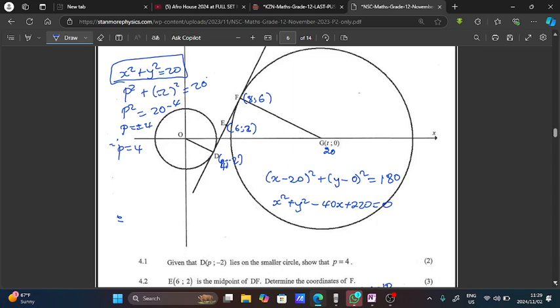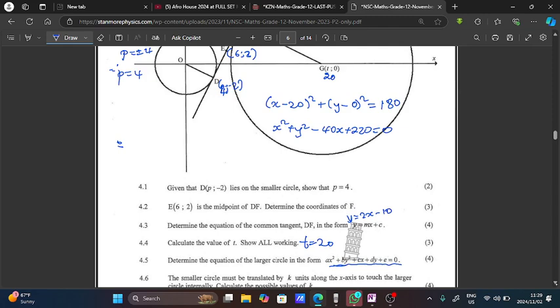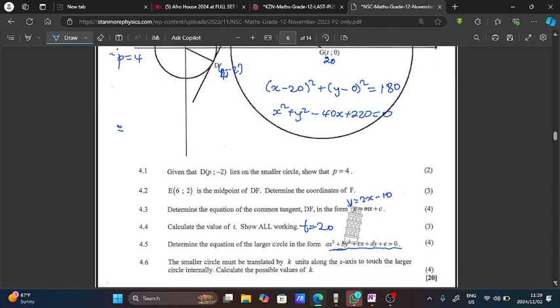Now, can we move on? The question is that the smaller circle must be translated by k units along the x-axis to touch the larger circle internally. Calculate the possible values of k.